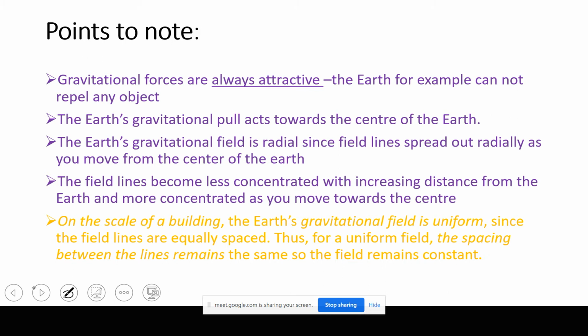Even the largest Airbus, when the engine fails to operate, will come towards the Earth's surface. The Earth does not repel any object in its atmosphere. So we conclude that the gravitational force is always attractive. Whenever we have two masses, the force between them is always attractive.